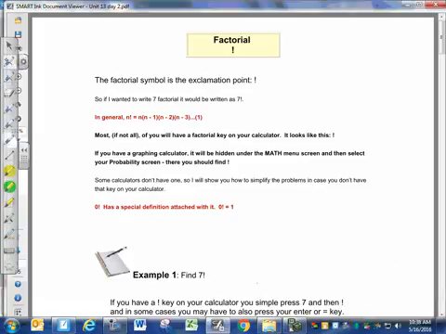All right, let me introduce you to a term called a factorial. You've probably seen this before, but the factorial symbol is an exclamation point. Why is it an exclamation point? Well, we actually looked it up last class, and the symbol that was used for it in the past was a little bit more complex than that.